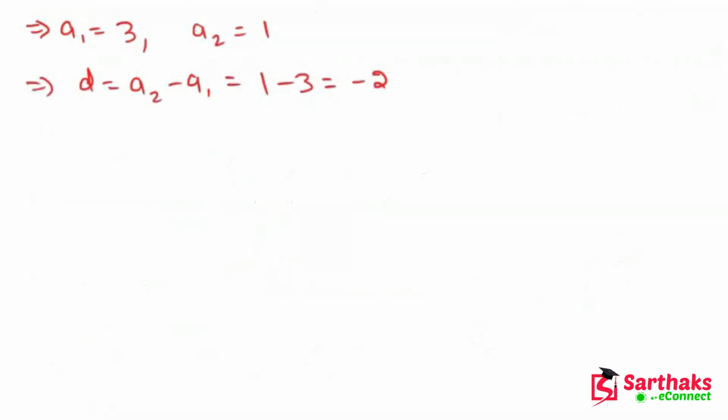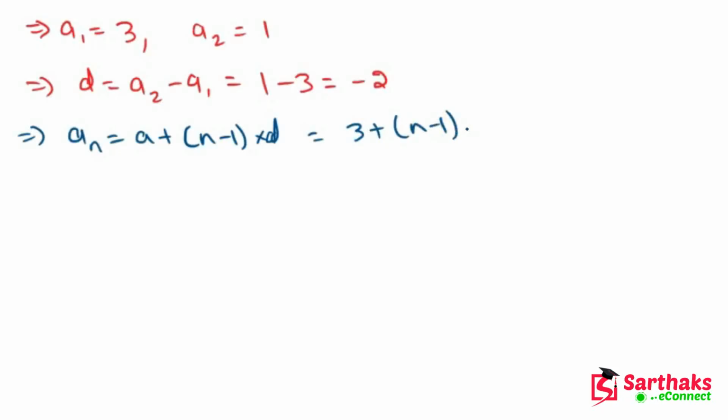We know that An is equal to A plus n minus 1 into D. So we get 3 plus n minus 1 into minus 2, which is equal to 3 plus, multiplying minus 2 in the bracket, minus 2 into n plus 2.